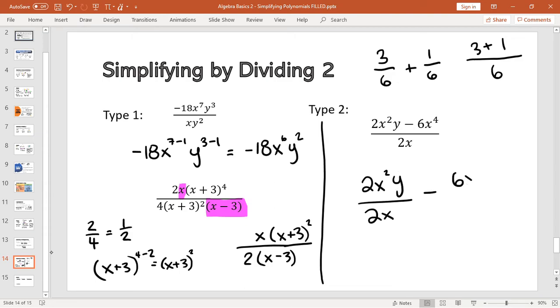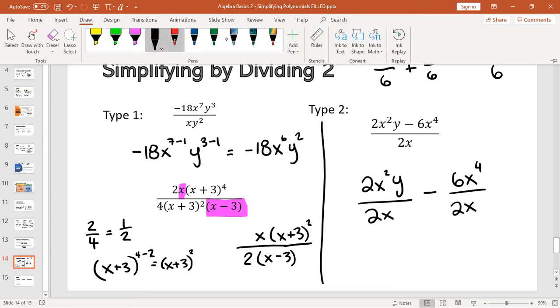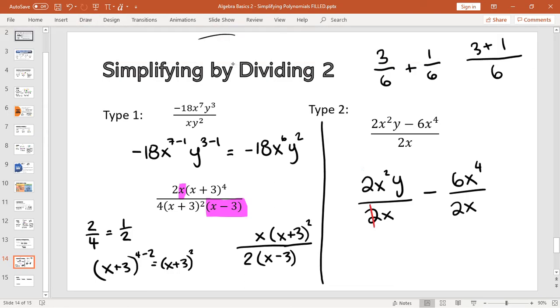And you're never going to put them back together for the simplification type. You're going to simplify each fraction separately. So I'm going to do this one with a bit more cancel style. 2 over 2 is 1. Now, x squared over x, we'll leave an x in there.